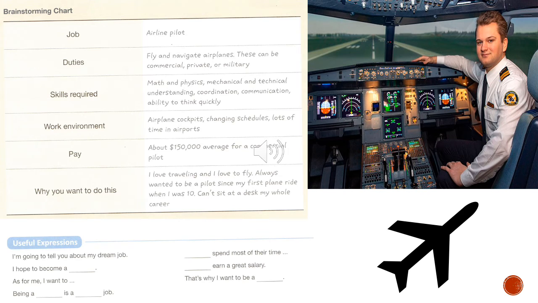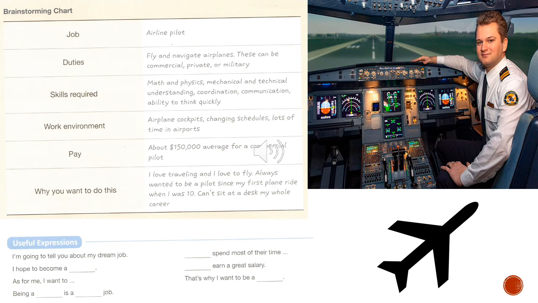Many skills are required, especially math and physics, and you need to be coordinated, be able to use your hands well, because there's lots of buttons, lots of levers to push and press. So you need to be coordinated, and of course you need to be a good communicator, and you have to think quickly.